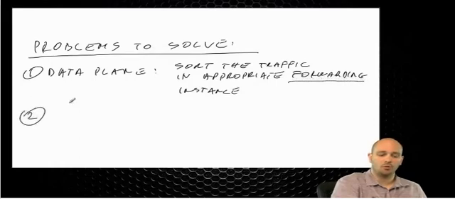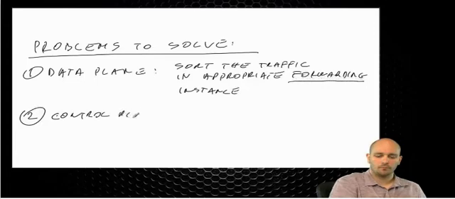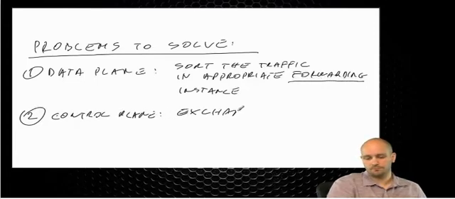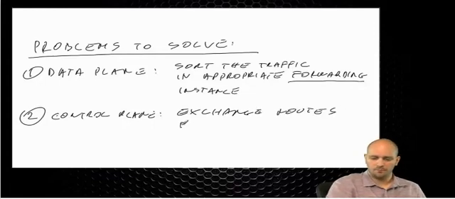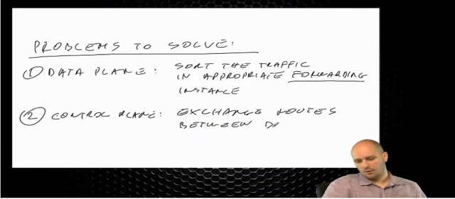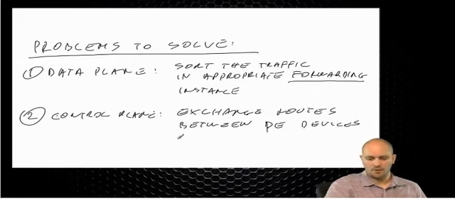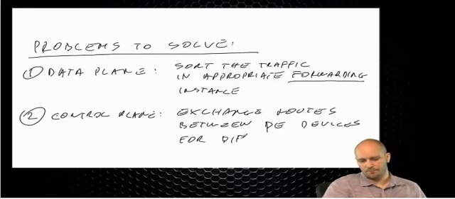And problem number 2 is control plane: exchange routes between PE devices for different routing instances.